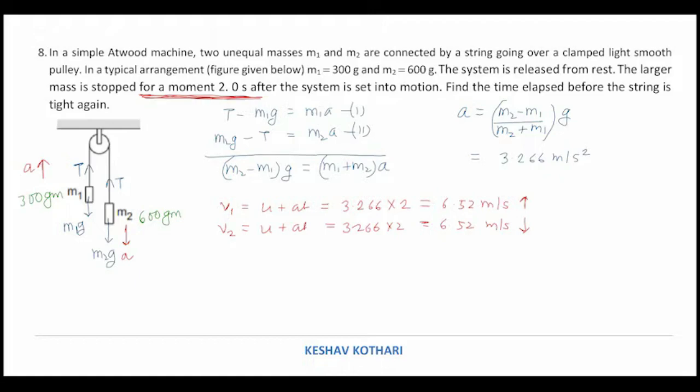On stopping the larger block, the tension force will cease to act.